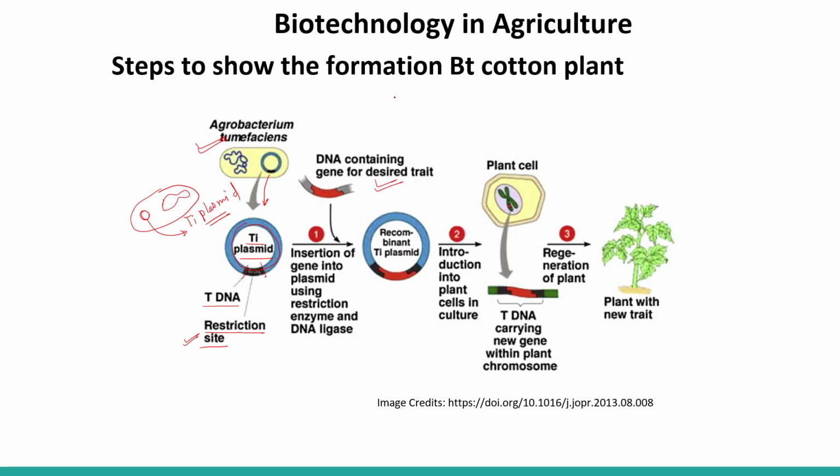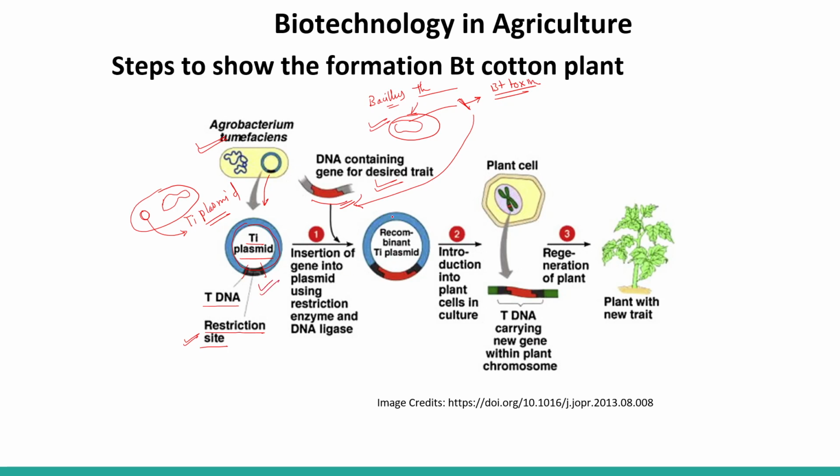In this case, the desired trait is this: we will take the Bacillus thuringiensis bacteria and take out that particular part of the DNA that is responsible for Bt toxin. So that part is taken out. Here it is showing this particular red part. This is taken out from the Bacillus thuringiensis and inserted into the Ti plasmid.